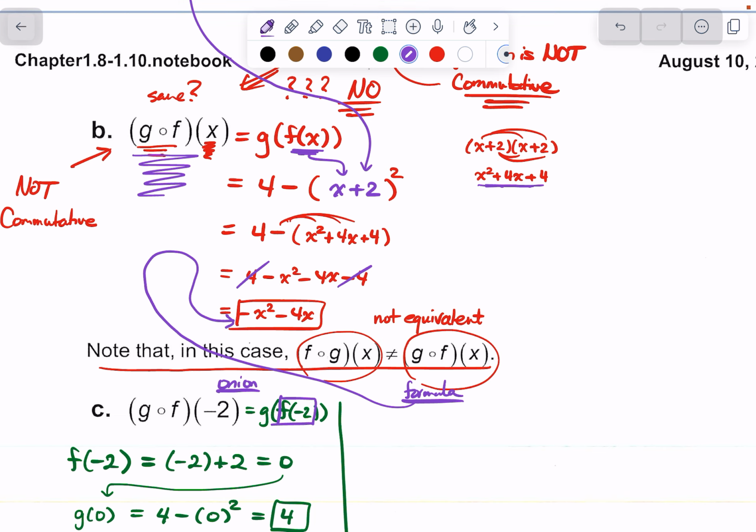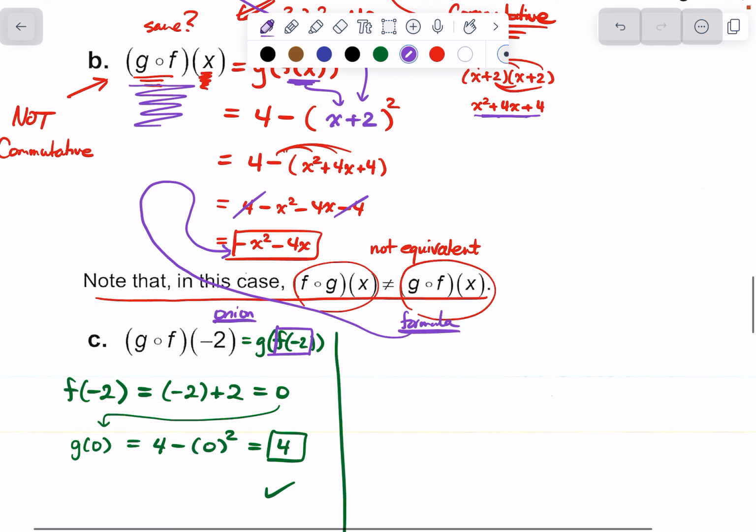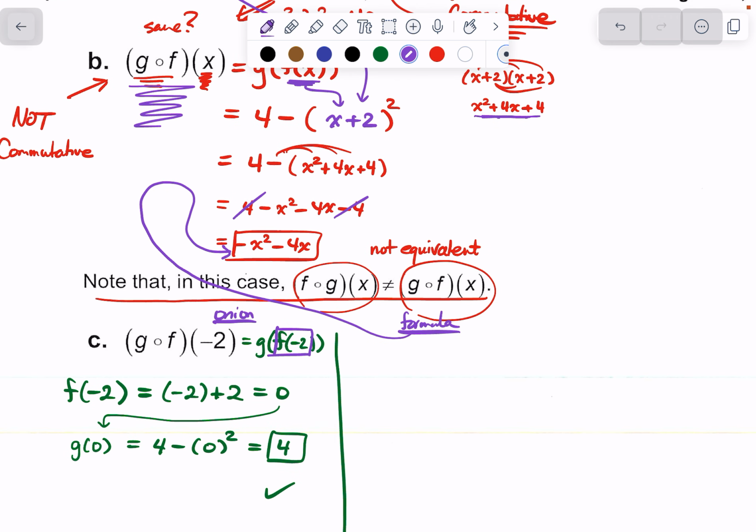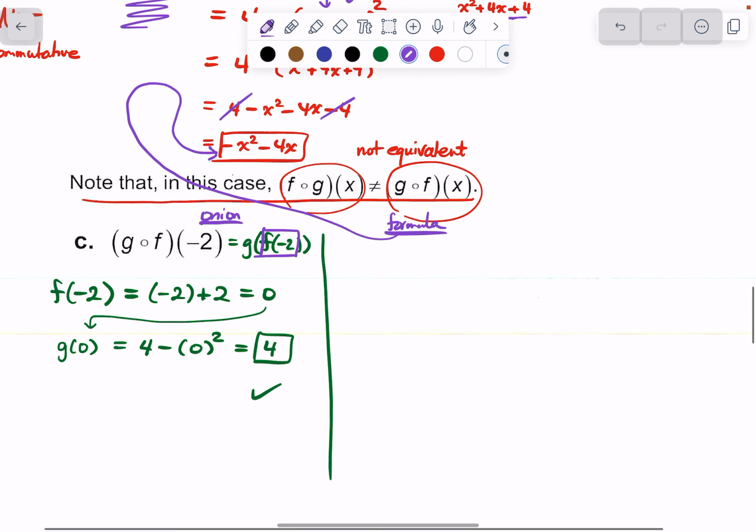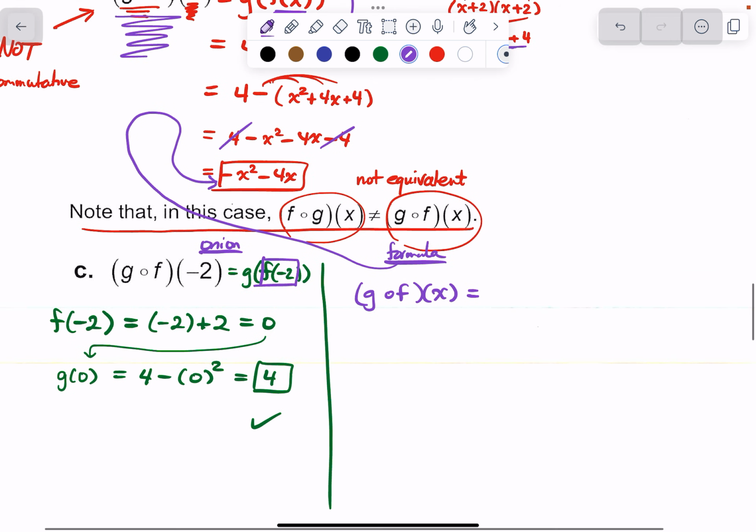I don't know why I went all the way around, but essentially we have g of f of x, which equals negative x squared minus 4x. If all I do is replace that x with a negative 2, that's it.